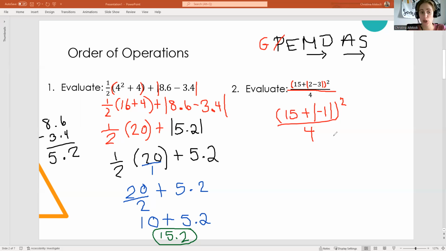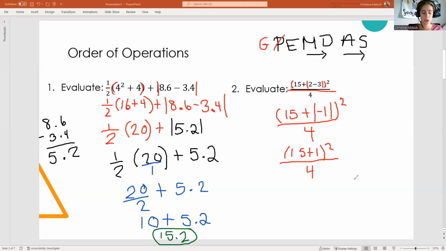So the absolute value of -1 is just a +1 because it is 1 unit away from 0. That is its distance away from 0. Leaving us with 15 plus 1 squared all over 4.